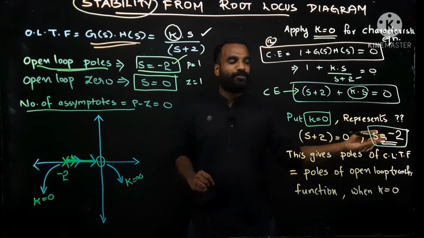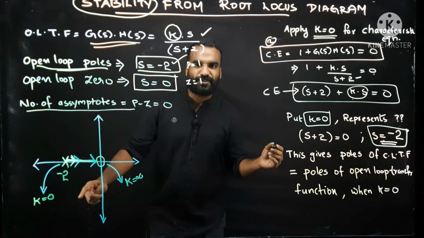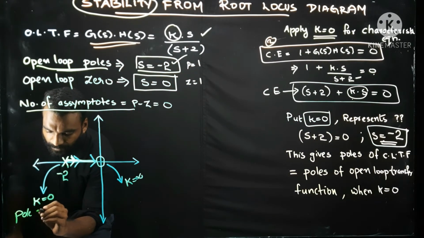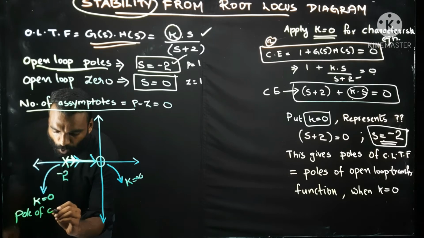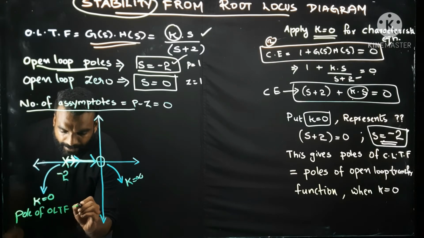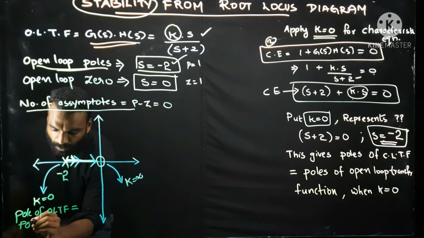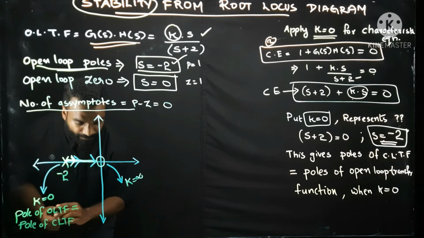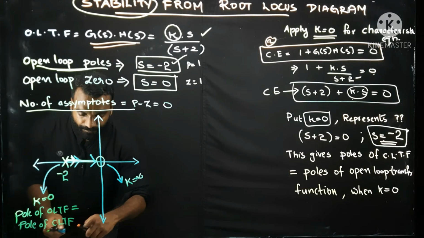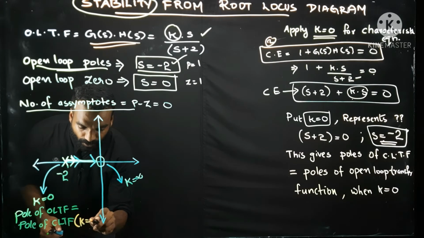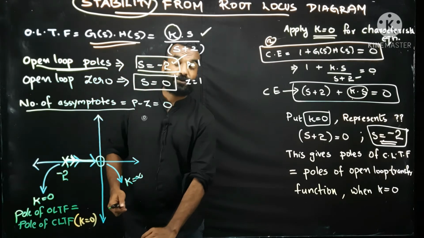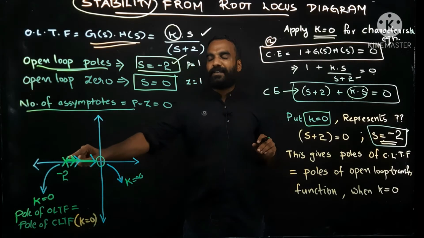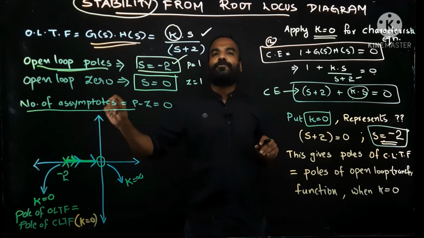So when k is equal to 0, the pole of the open loop transfer function is equal to the pole of the closed loop transfer function. Important conclusion. So now this point is nothing but a point of the closed loop transfer function.